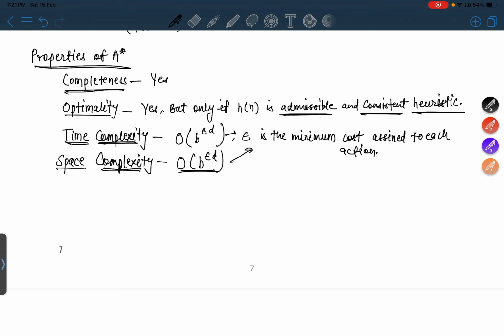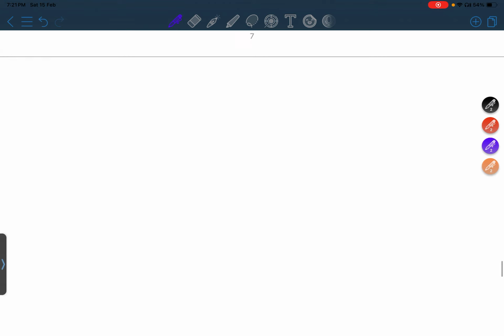Okay, now let's talk about these two. What are these two things? Admissible and consistent heuristics, and why. We talked about the heuristic function in great detail, right?